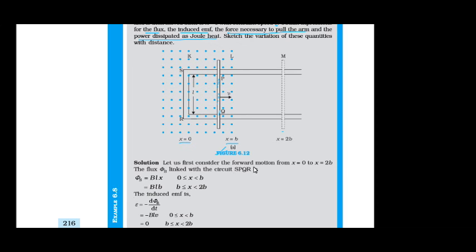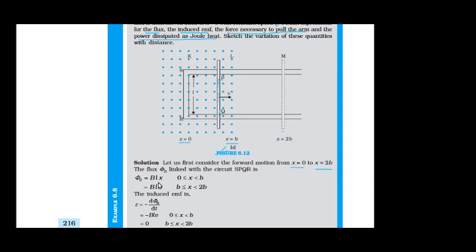Let us first consider the forward motion from x equal to 0 to x equal to b. So the flux phi B linked to the circuit SPQR, where is SPQR? S, P, Q and R, this circuit. Phi B is equal to BLx.